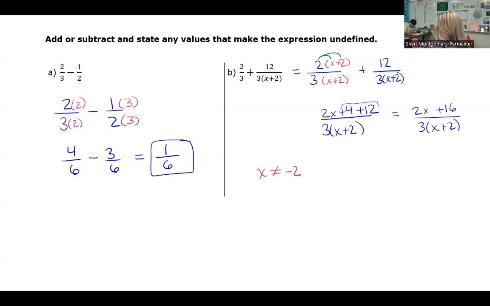Yeah, so to simplify, we have to factor the top. So when I look at the numerator, can I factor this? Yes, I can use GCF and I can factor. So what divides into 2 and 16? 2. So I'm going to divide out a 2. And I'm left with x plus 8.